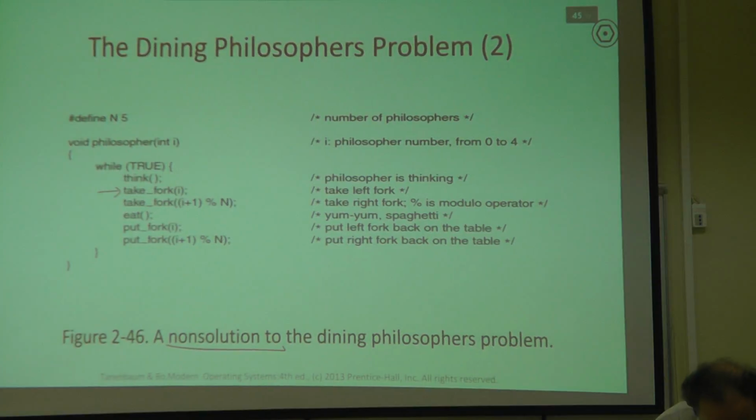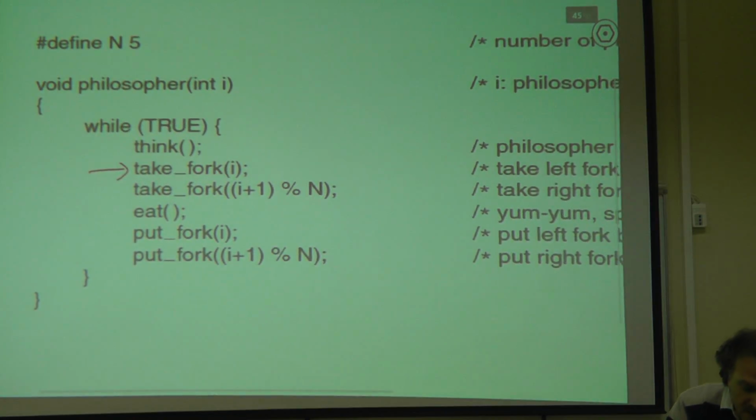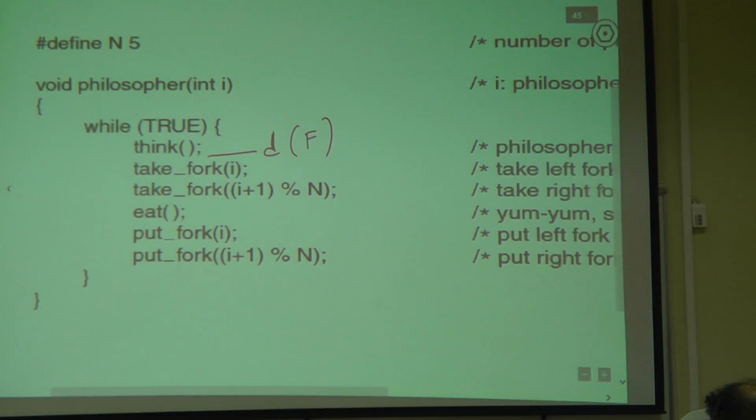Some people say that, okay, let's do it this way. Let's put a semaphore here, and down F, and when they put the fork up, it is up F. Does this solve the problem?